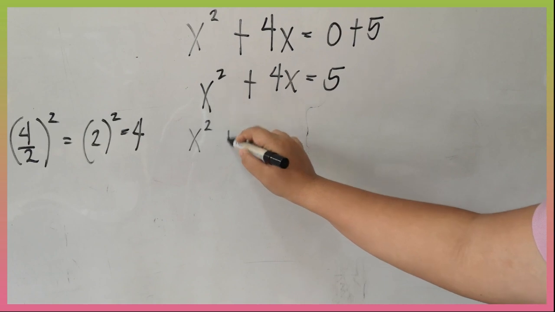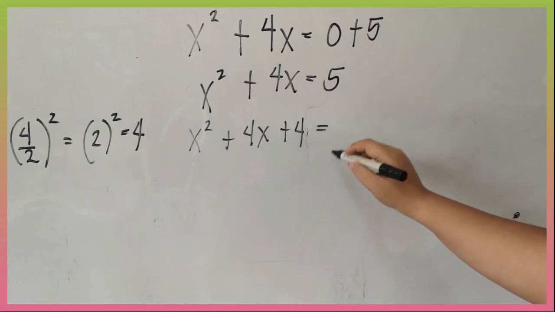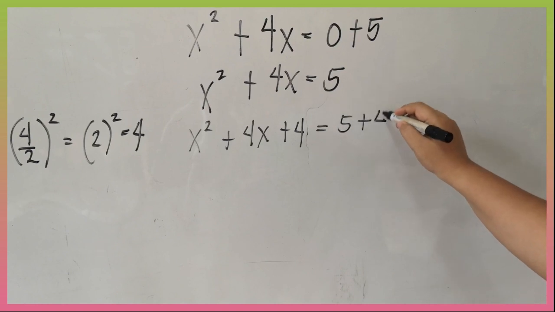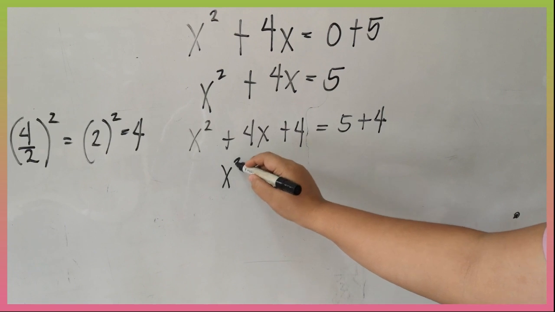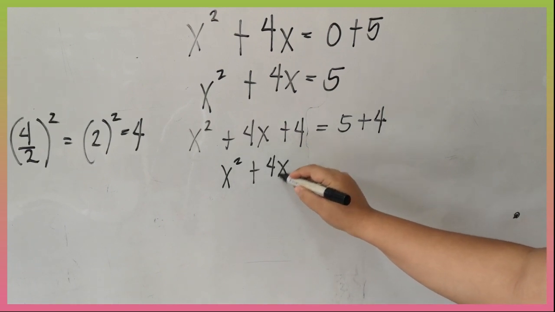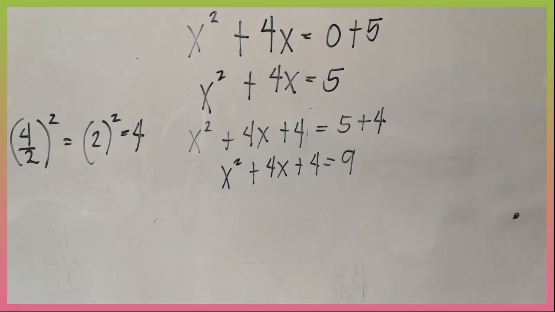X squared plus 4x plus 4 is equal to 5 plus 4. X squared plus 4x plus 4 is equal to 9. Now, we will find the factor of our perfect square trinomial.